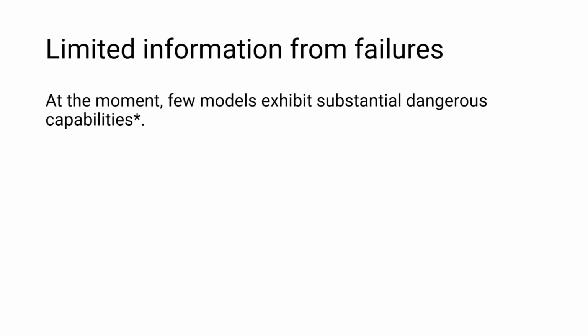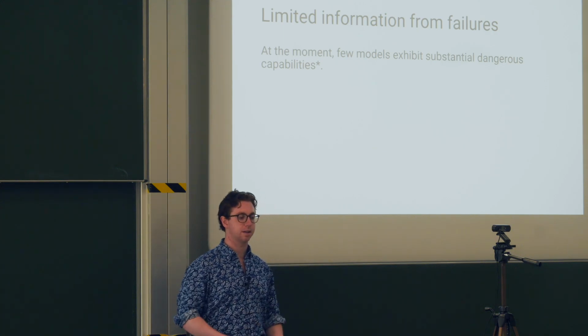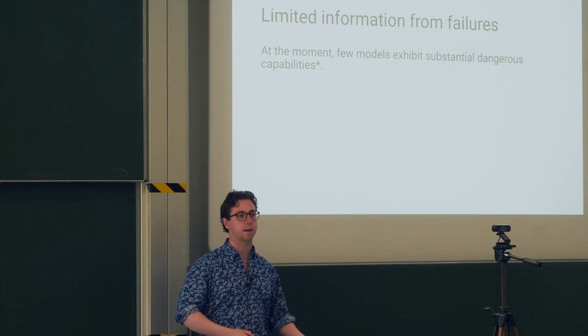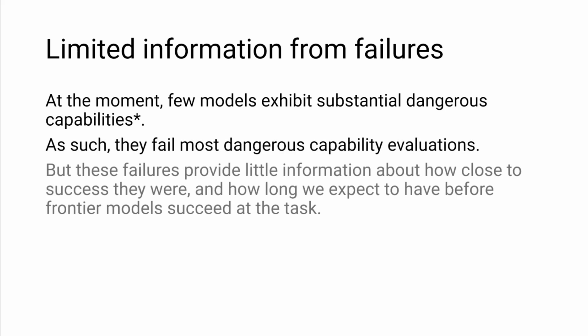We saw that even in the "Evaluating Frontier Models for Dangerous Capabilities" paper, in the section on self-proliferation, it performed very low. So generally models don't exhibit substantial dangerous capabilities at this point in time, and you fail most dangerous capability evaluations.